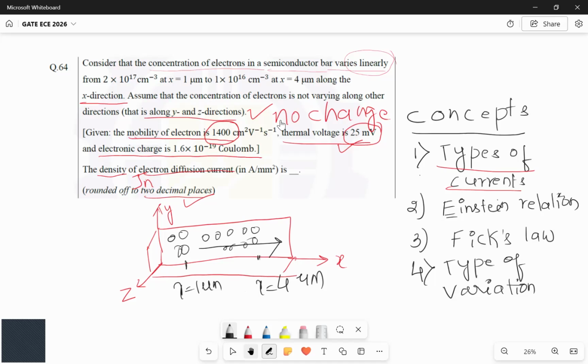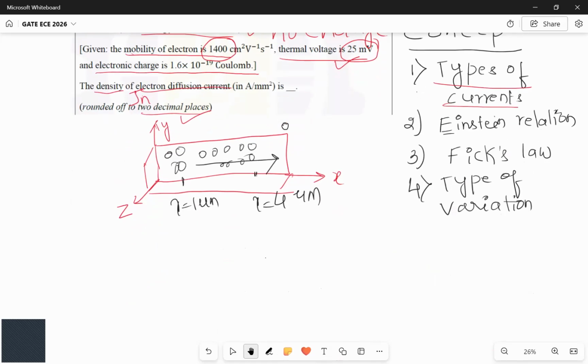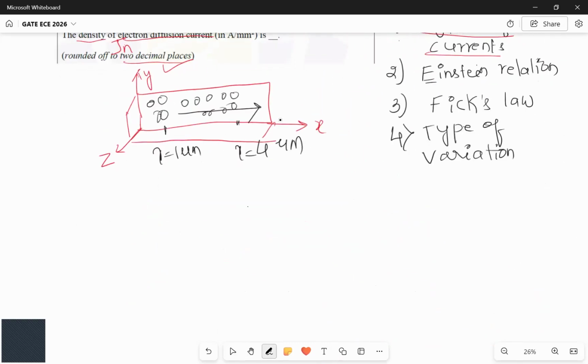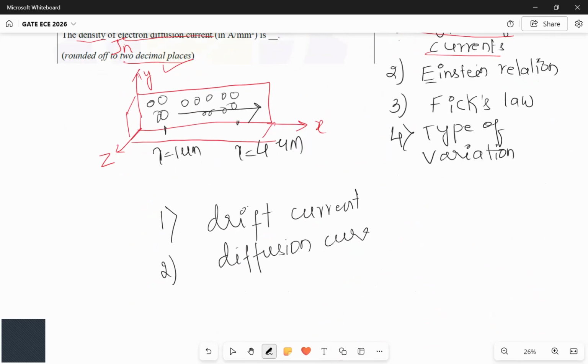What are the types of current we have? In a semiconductor bar, we have two types of currents. One is drift current, and the second one is diffusion current. In this question, they're asking for diffusion current.